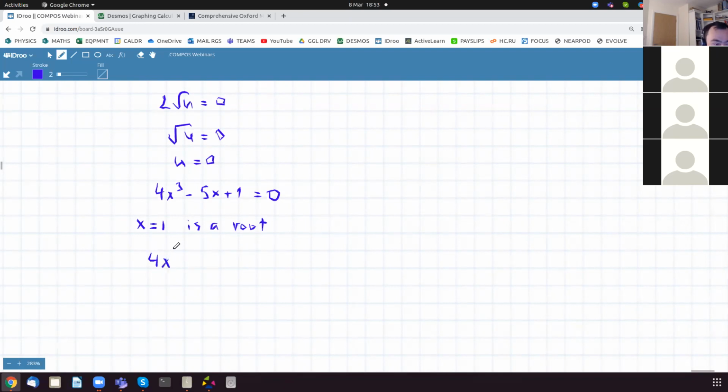So it's 4x cubed minus 4x squared plus 4x squared, because I have to 0 that. 4x squared minus, now I have minus 5x, but I need 4x, obviously, minus 4x, and I'm left with minus x plus 1. I'm going to take minus x minus 1 like this, equals 0.